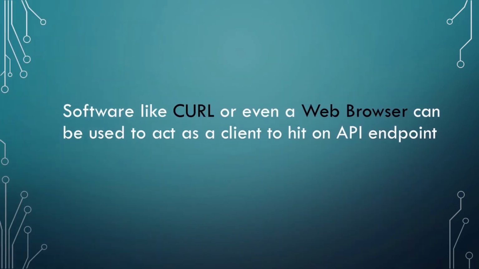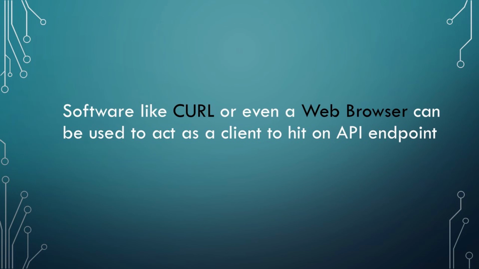We can use curl because API documentation is normally written with reference to curl. If you understand how to use curl, you will have no problems understanding API documentation too. Or to simplify things, to test the API you can even use any web browser, say Google Chrome. You can hit the API URL just like how you open any website URL.